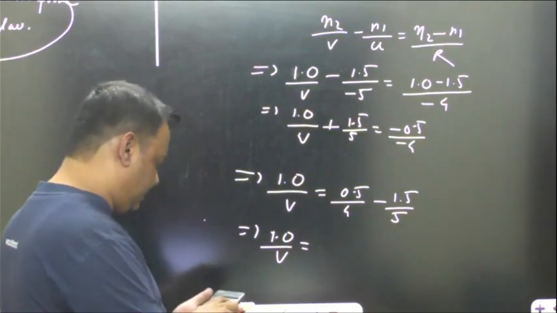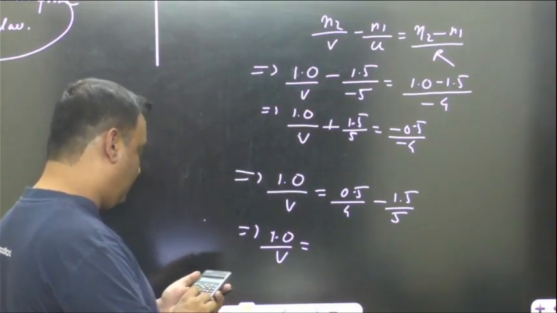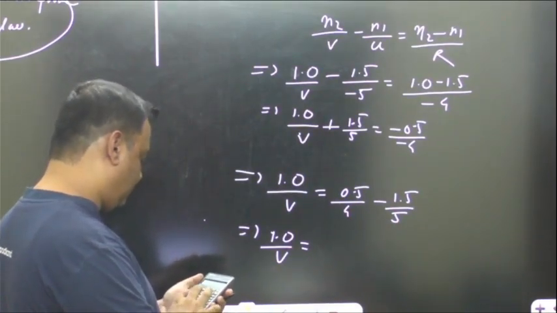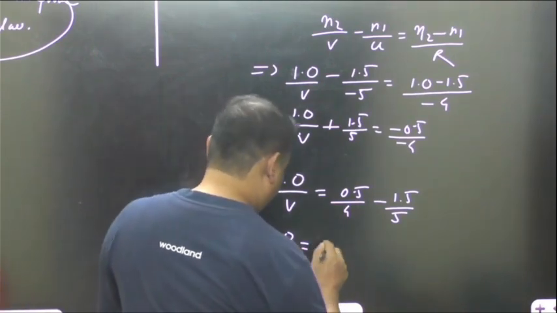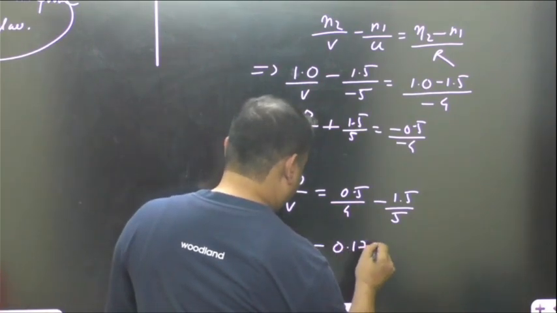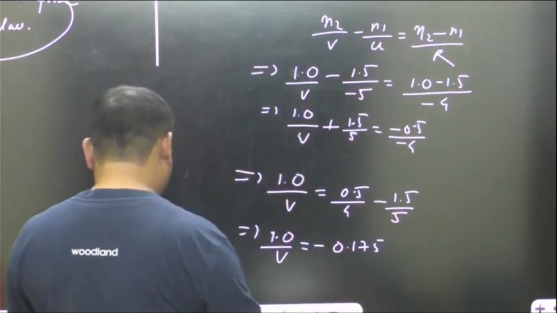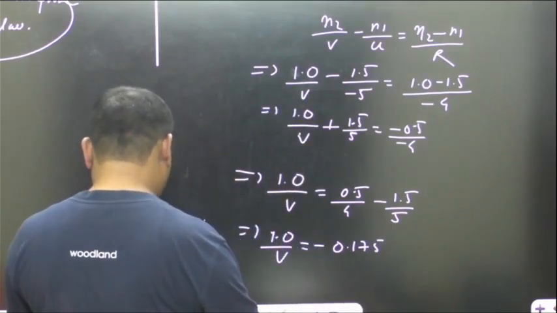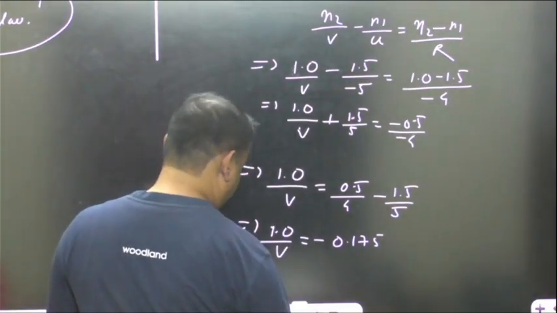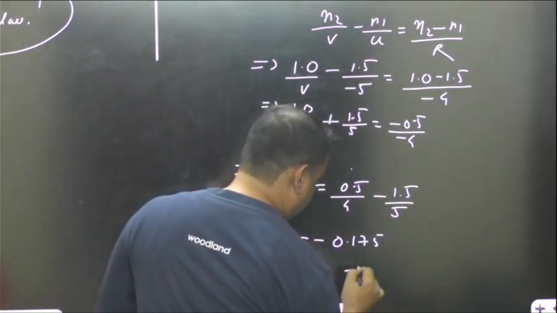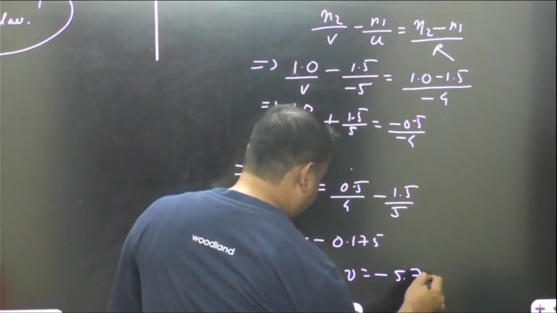Let me calculate. 0.5 divided by 4 minus 1.5 divided by 5, so I'll get minus 0.175. So if we invert it, 1 by 0.175, you will get 5.7 centimeter. So V will come to be minus 5.7 centimeter.